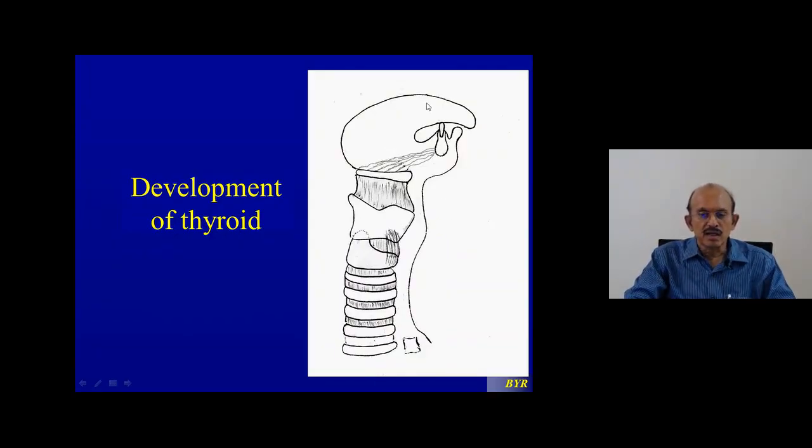So this is the tongue. In the midline of the tongue, at the junction of the anterior 2/3 with the posterior 1/3, there is a small depression.